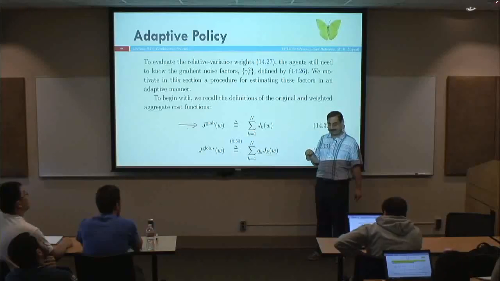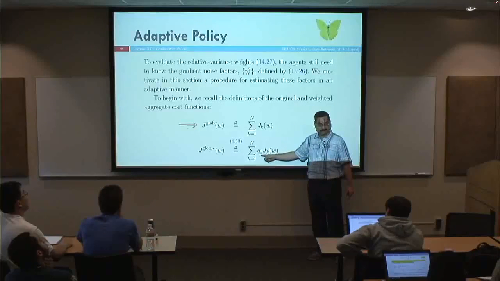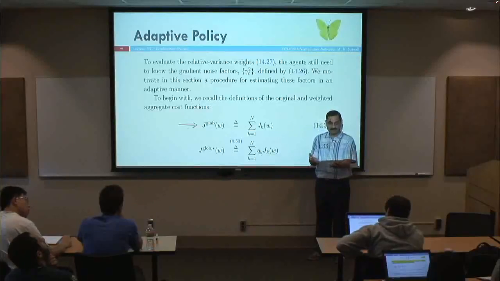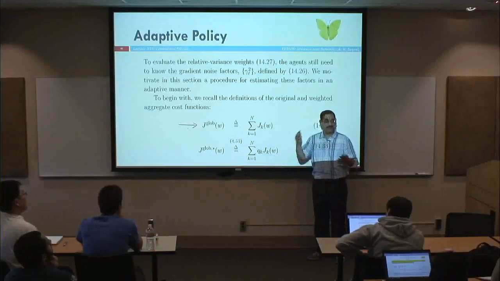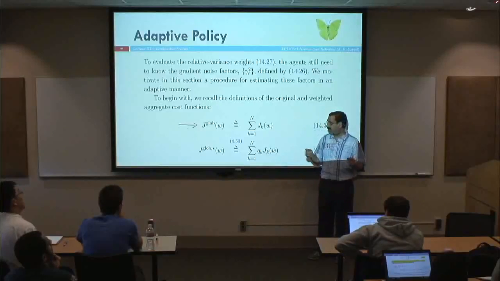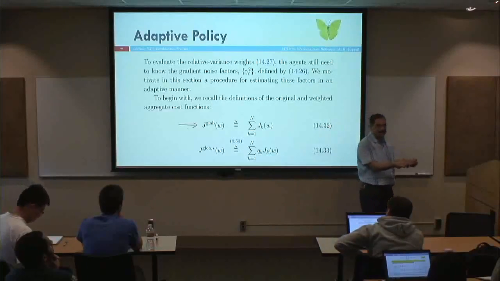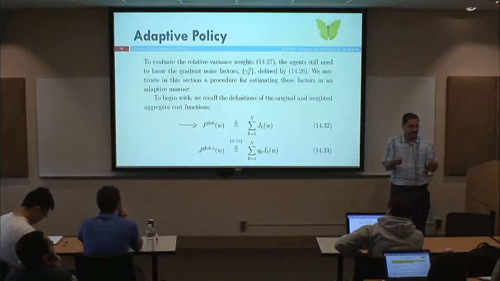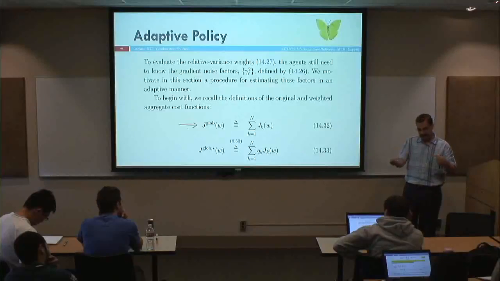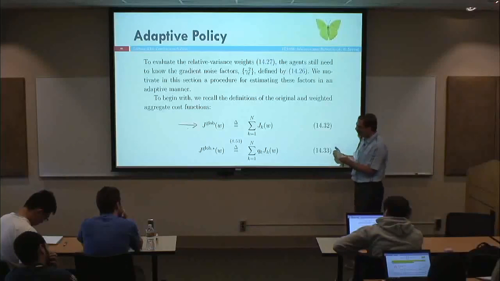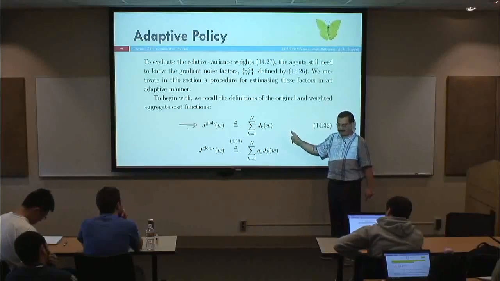That W star depends on Q, right? Different A's will give you different P's and therefore different Q's and therefore different W stars. Since I'm now in the business of adapting the A's, the P's will be changing, the Q's will be changing, W star will be changing, right? So it becomes difficult to do the analysis in this case.